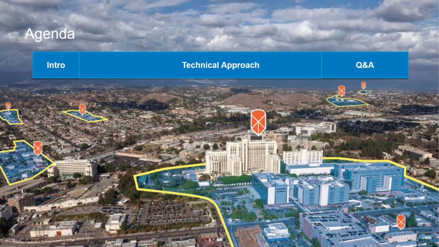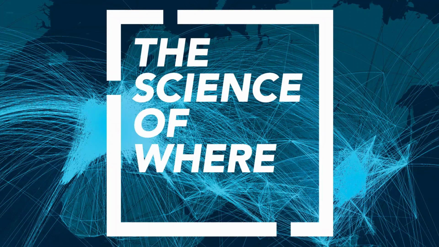At Esri, we believe that a geographic or location-based approach, in other words, the science of where, can unlock data's full potential in every organization. This is especially true in health, since we know that a community's health outcomes and their access to healthcare services are just not the same from one place to another.